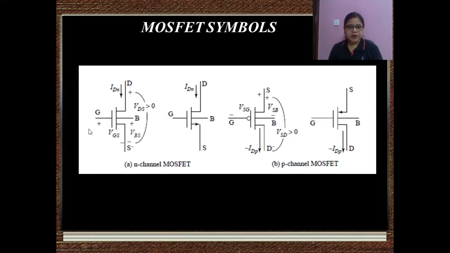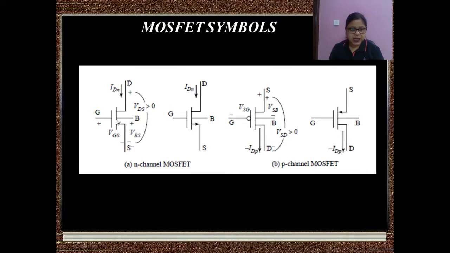Now see over here how this symbol is made. It has four terminals: drain, source, gate and bulk. This bulk is also known as a substrate or a body, and there is a gap between the gate and the line which is connecting the drain and source.